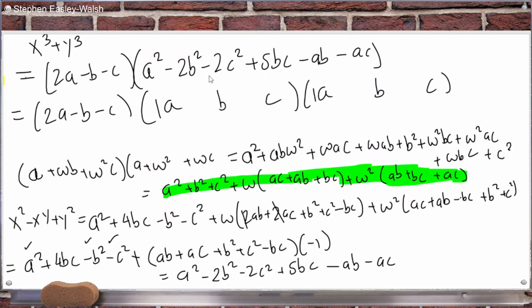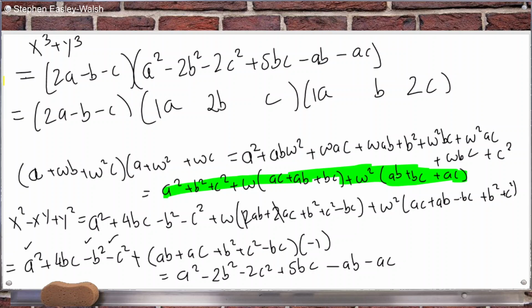And then to get the minus 2b squared and minus 2c squared, going to need to have a 2 on the b and on the c. Could put a 2 on this b and a 2 on this c maybe.